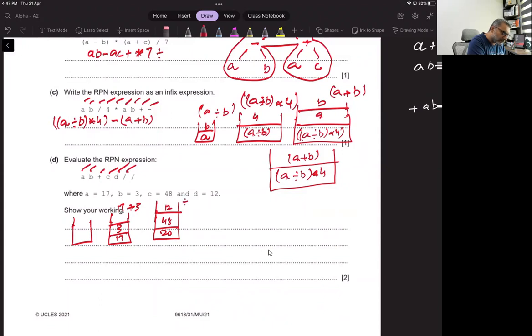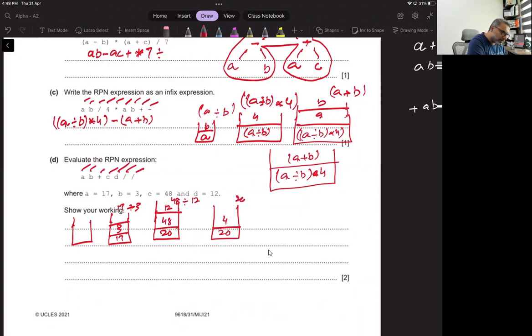So it means 48 divided by 12, which is basically 4. And then we have another divide.